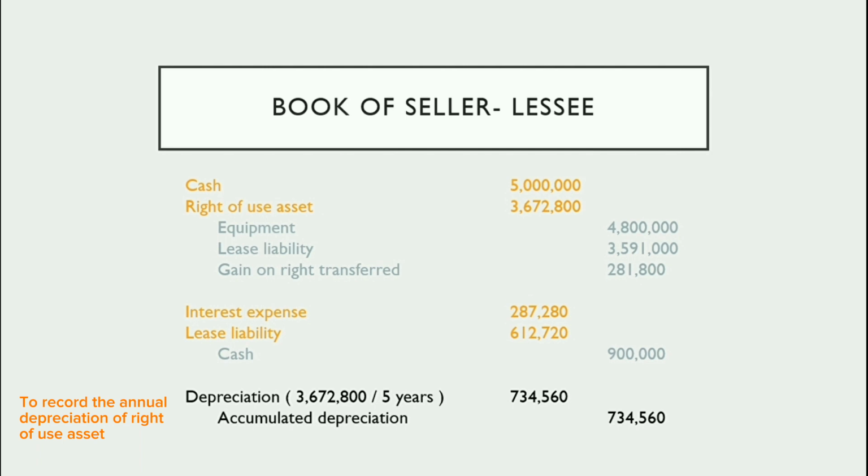So as for the right of use asset, it will depreciate over time, yung years of leaseback niya. So to know the amount of the depreciation is that we will divide the right of use asset over 5 years na leaseback niya, and it will result to 734,560. So debit depreciation 734,560, and credit accumulated depreciation also na 734,560.